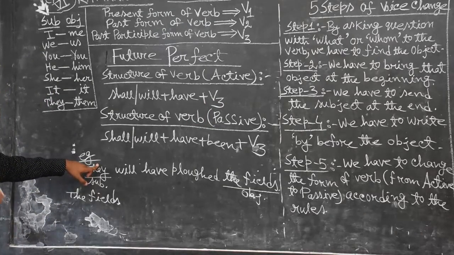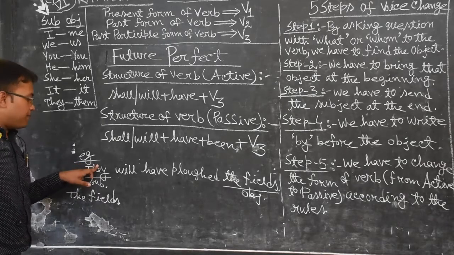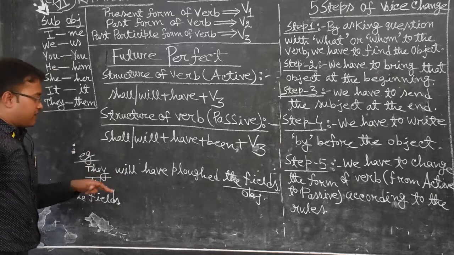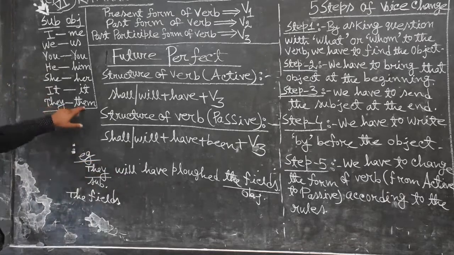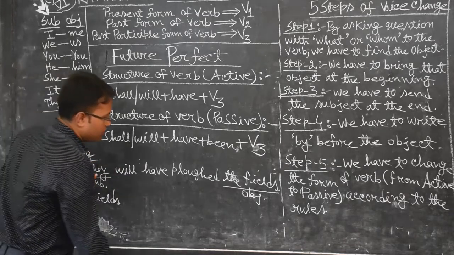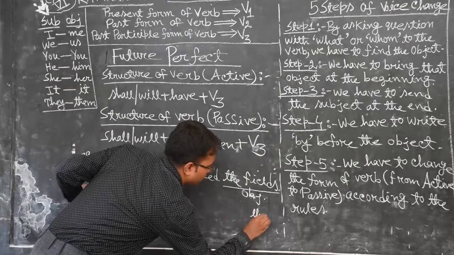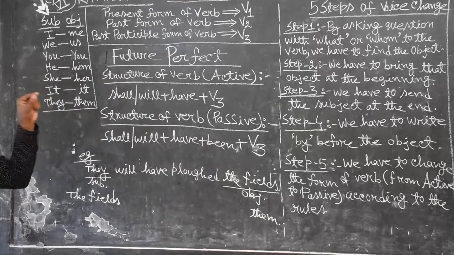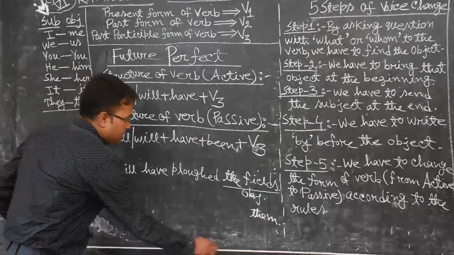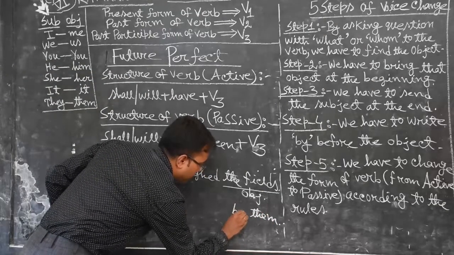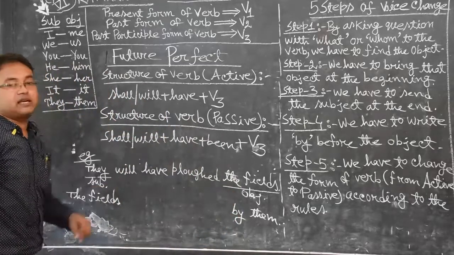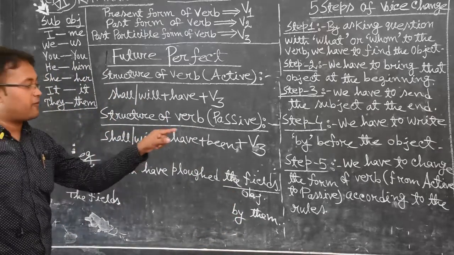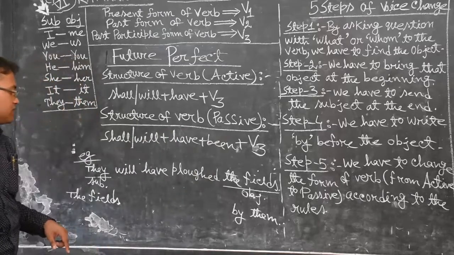When the subject they becomes object, it will be them. Step 4, we have to write by before the object. Next, we have to change the form of verb from active to passive according to the rules.